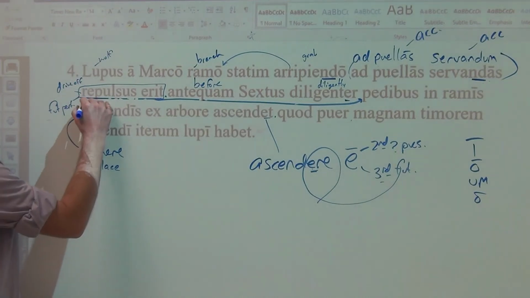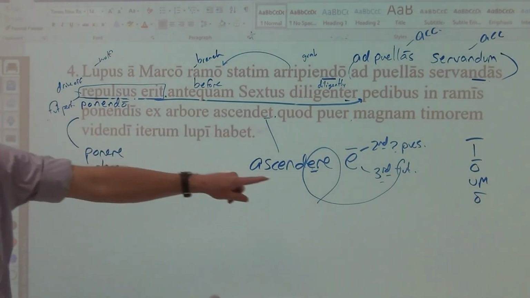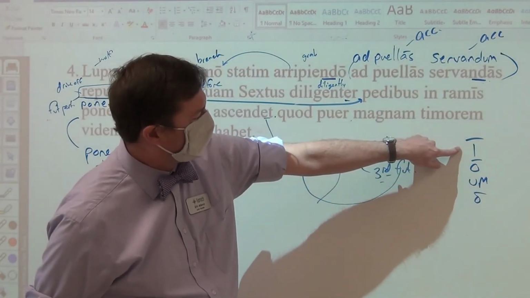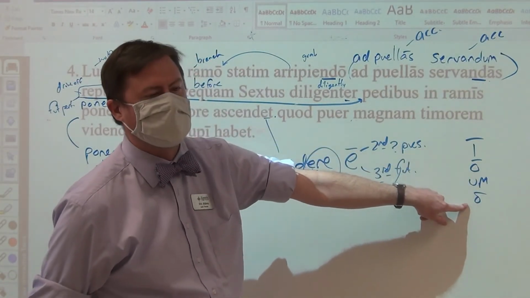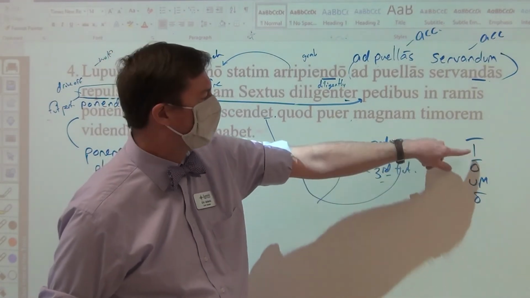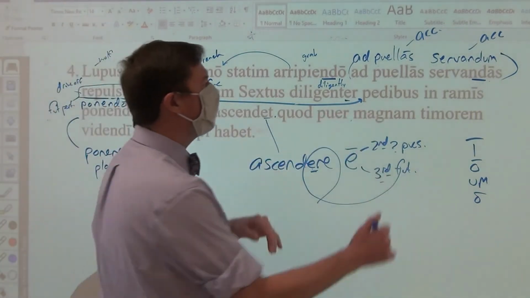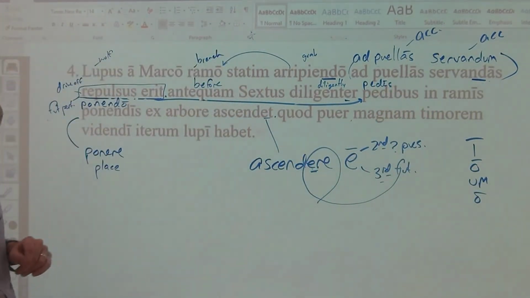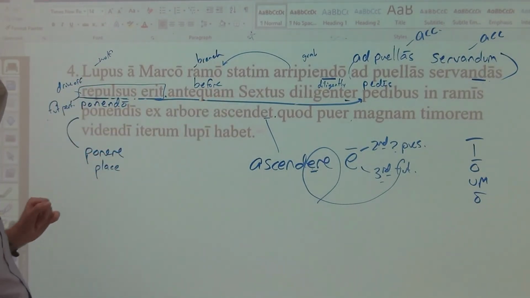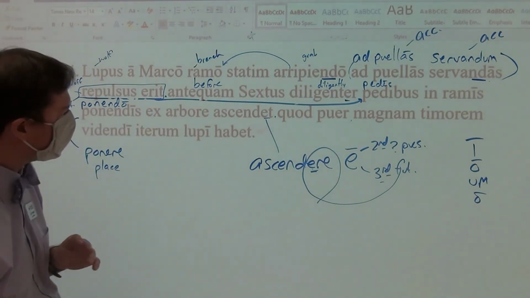You would have put the following: ponendo, by putting, of the act of putting, to or for the act of putting, putting, by, with, because of, from, in, on, at, putting. Genitive, dative, accusative, and adverb. By placing his feet, pedes, on the branches diligently, carefully. But it says in the original, in the black ink, by his feet about to be placed.